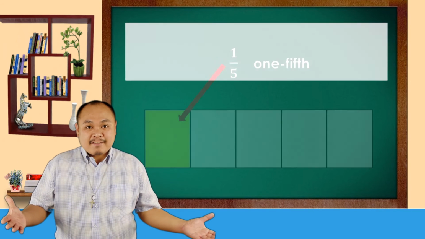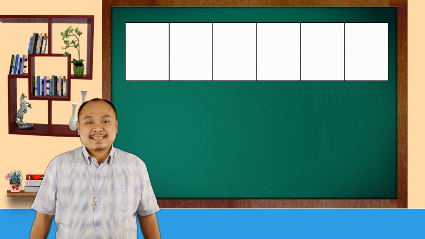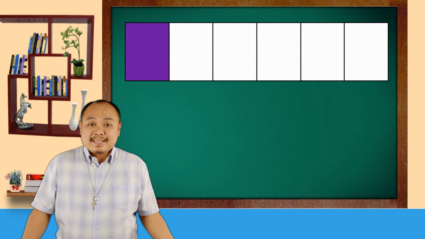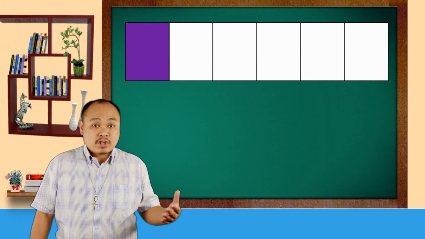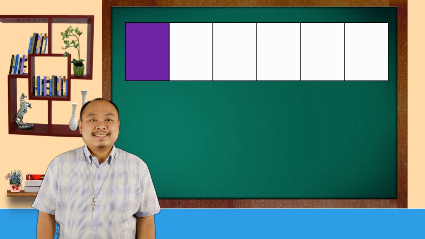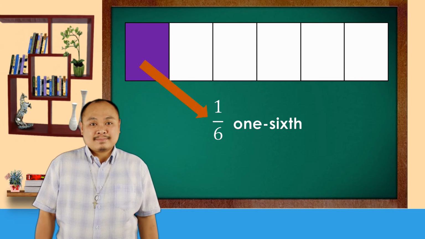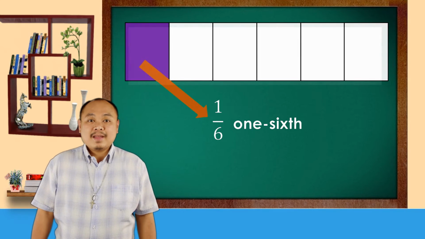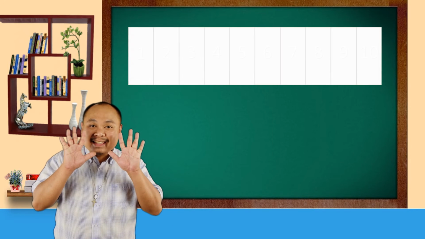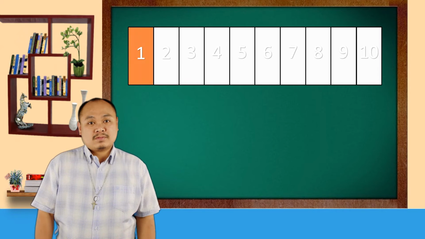Have another sheet of paper, divide into 6 equal parts. Color one part violet. What is the name of the fraction of the shaded part? Excellent! The shaded part is called 1/6. Get another sheet of paper and divide into 10 equal parts. Color one part orange.